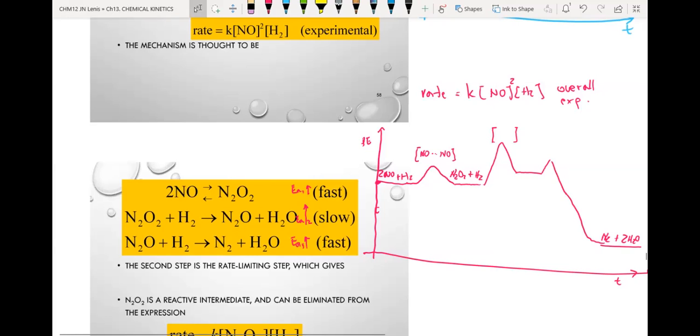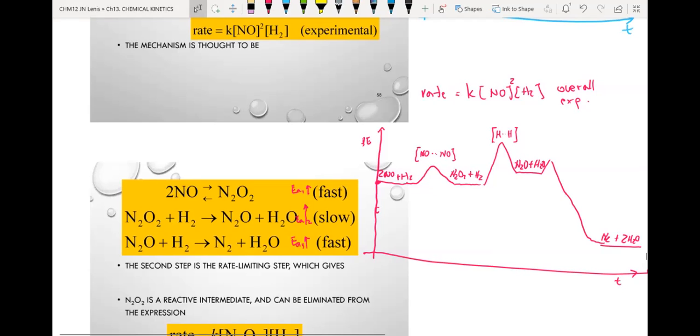Only 1 H2, because molecularity is 1. So this needs to be activated, this bond needs to break down, so that will react with this to form N2O plus H2O.